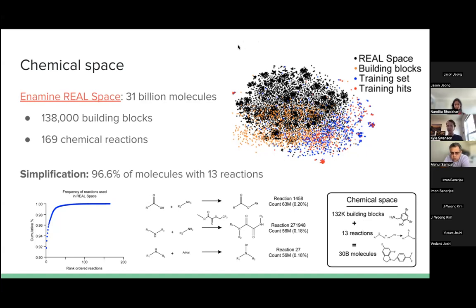One somewhat challenging thing, though, which we're showing in this t-SNE over here, is that if you look at the real space of molecules in black, and even the building blocks in orange, they are somewhat distinct from our training set. Because our training set is more of a drug repurposing library, the chemical characteristics of our training set are a bit different.